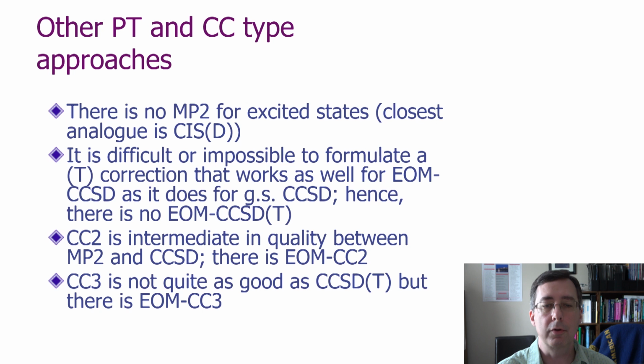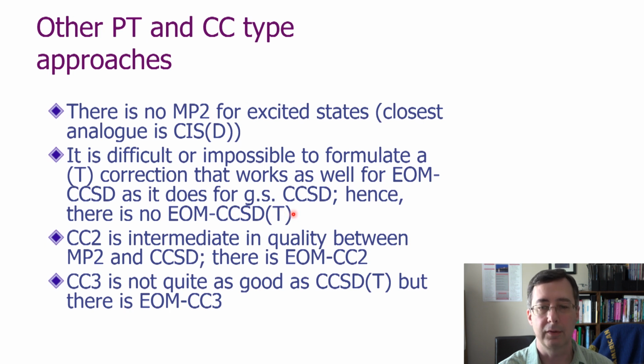There are other approaches. I'll just mention a couple things real quick. First off, there's not an excited state in MP2, unfortunately. If you started deriving something like that, you might wind up with CIS(D), which I already mentioned. Also, it's not clear how to derive an excited state version of CCSD(T), our favorite gold standard of quantum chemistry. And so there's not a clear-cut winner in defining what would be equation of motion CCSD(T).